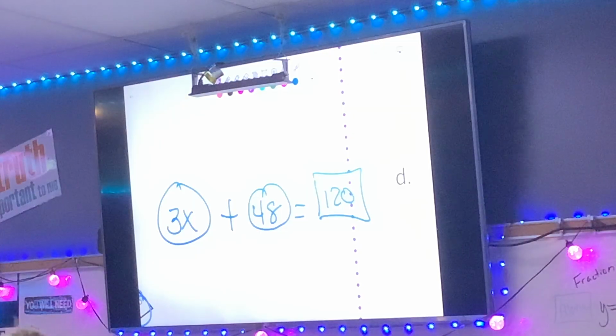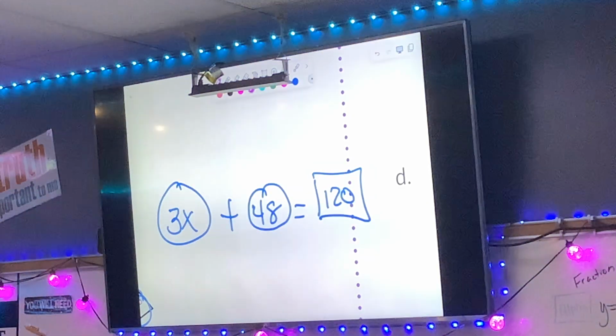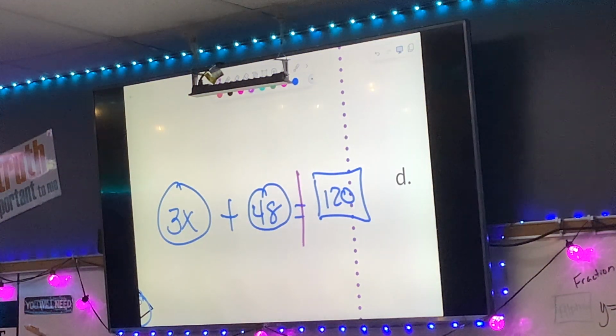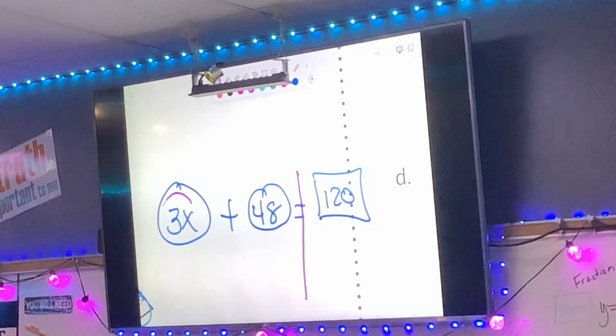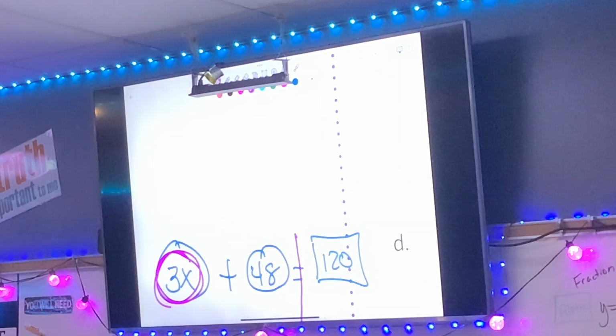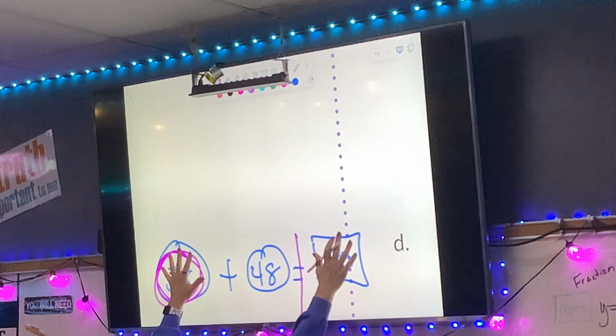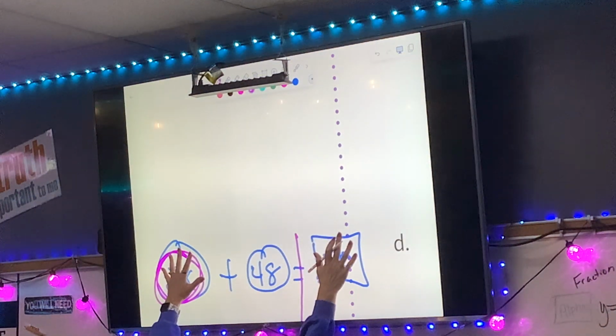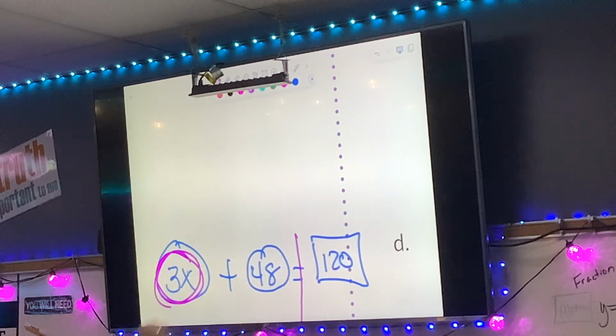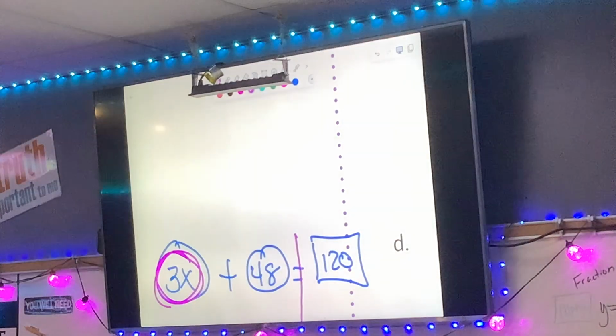You did these. I am still going to draw my line. I'm using a different color because if I didn't have my circles there, I would circle the number with my variable. And I go circle, cover, cover. Do you see my hands are on two different sides of the line? What's the opposite of what you see? Subtract 48, right?